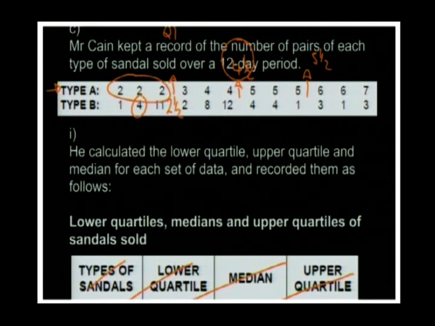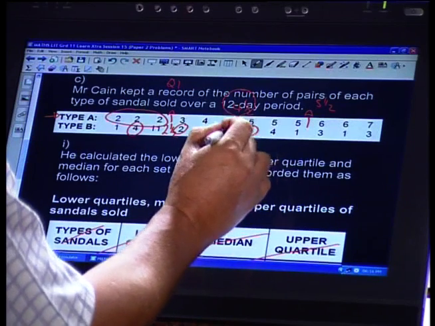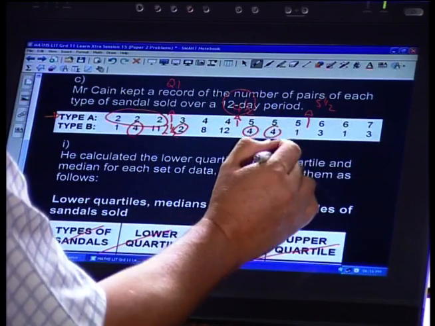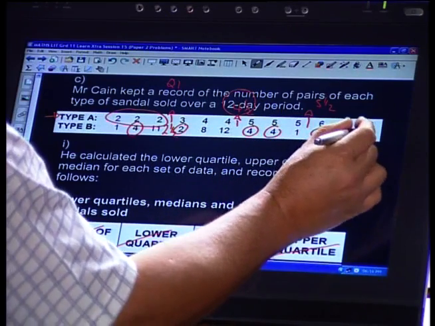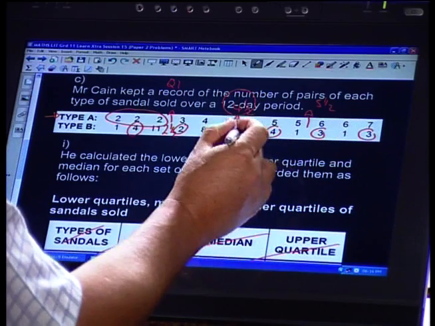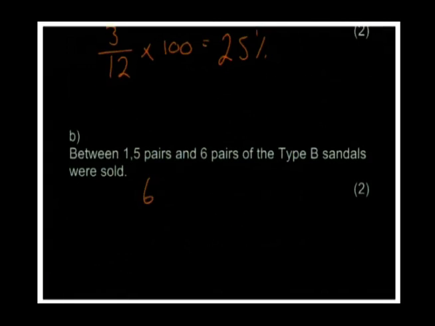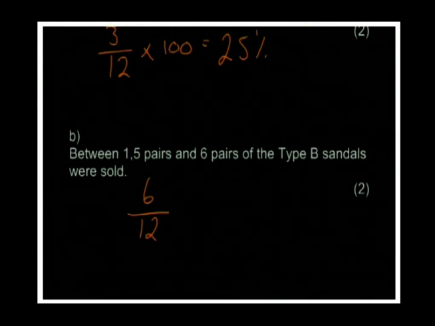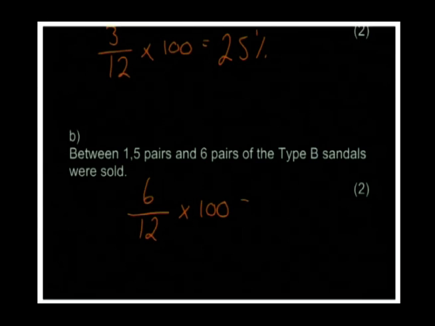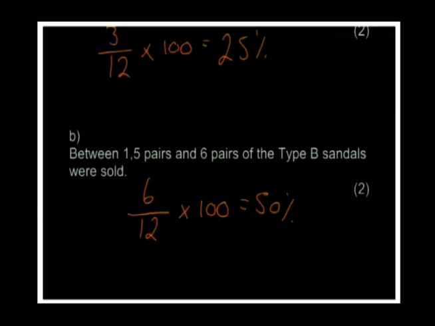No, yes, no, no, yes. Yes, no, yes, no, yes. 1, 2, 3, 4, 5, 6. So we sold 6 pairs out of a total of 12. We're going to times it by 100. We know that's a half, so we know that's going to be 50%.